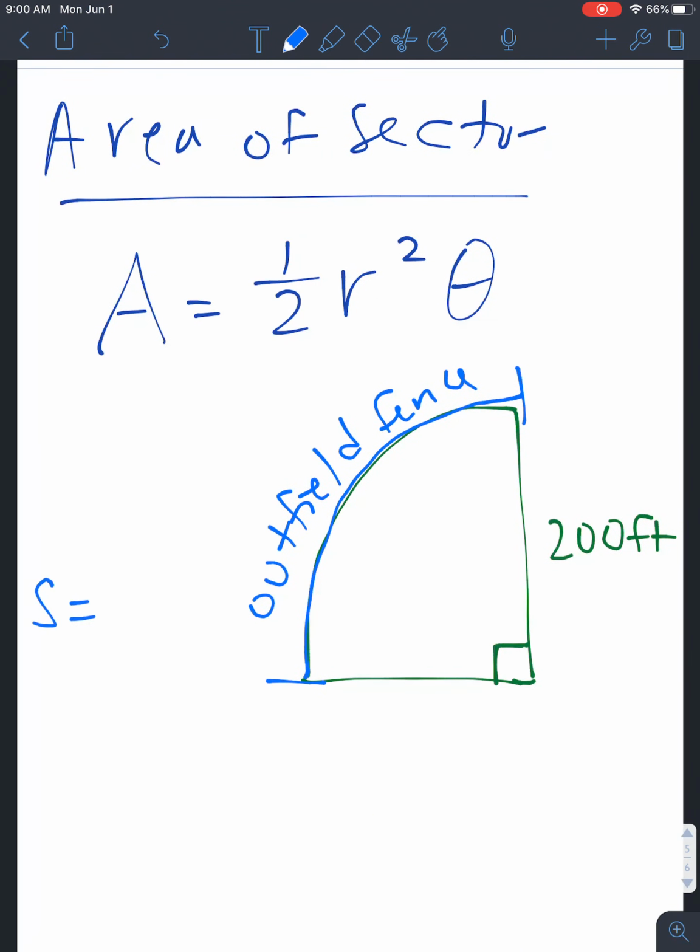So I'm going to write S equals R theta. Your R is always your radius, and your radius is always your straight length from the center outward. So in this case, our radius is 200 feet, so R is equal to 200.